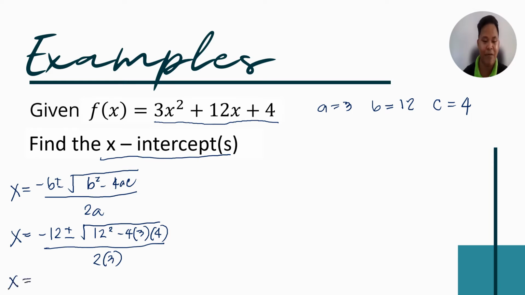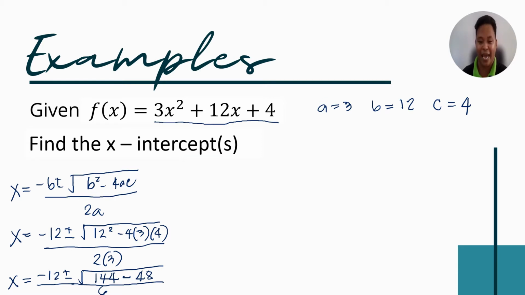Then, simplify. We have negative 12 plus minus 12 squared is 144 minus 4 times 3 is 12 times 4 is 48 all over 6 since 2 times 3. Let us continue solving for x.